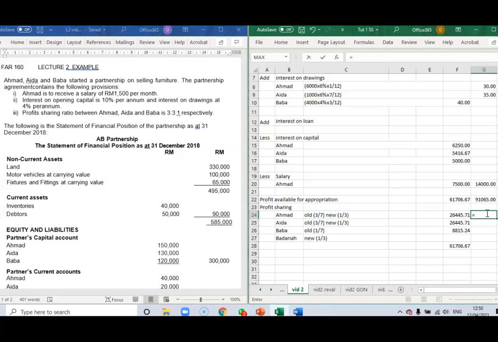So the profit sharing with the new agreement of profit ratio uses the profit available for appropriations in the post column and multiplies with 1/3. The same goes with Ida, multiply 1/3.